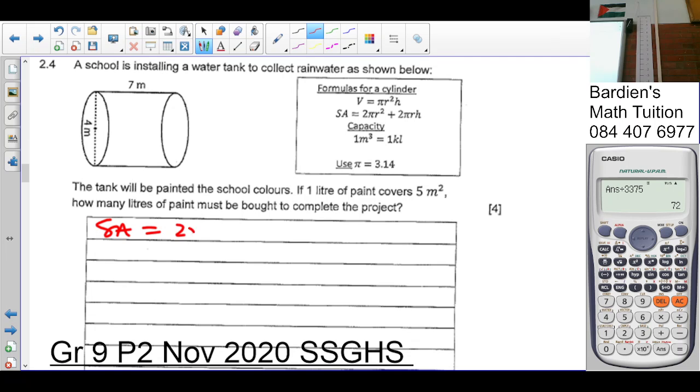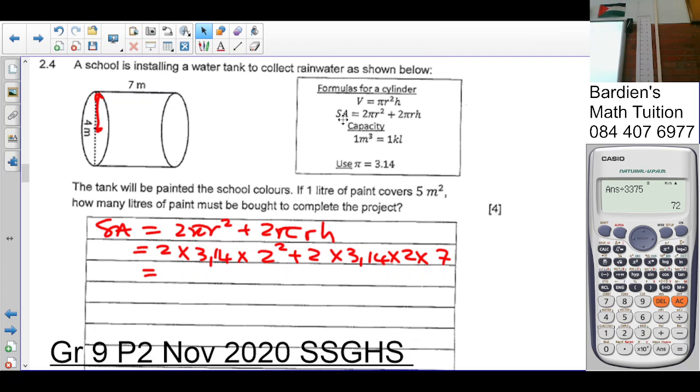2 pi r squared plus 2 pi r h, which is 2 pi, and what must we use pi to be? So it's 3.14 times, what's the radius from center to circumference? 2. Squared plus 2 times 3.14 times the radius, which is 2, times the height, which is 7.